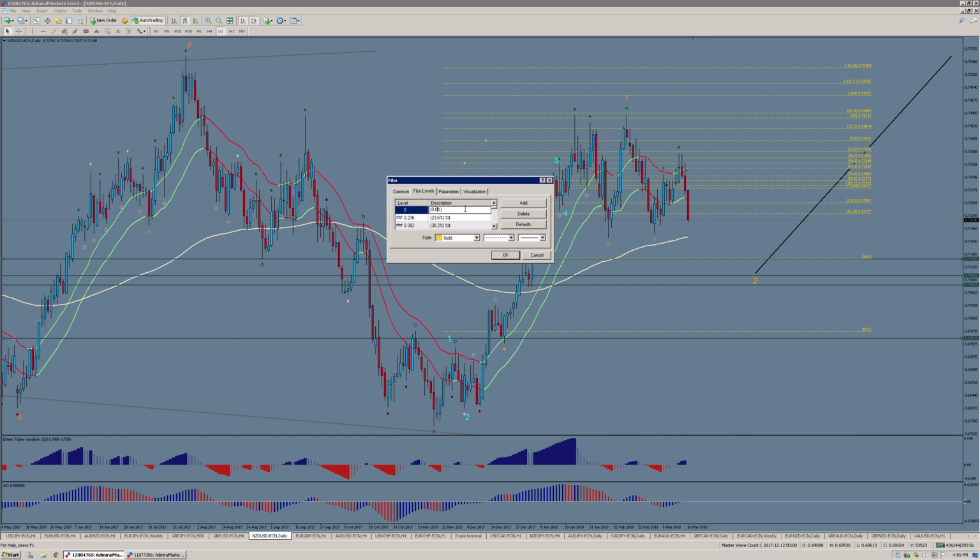In the description column, this is what you will see on your screen. And in the level column, this is the actual value that the program will use to calculate where to draw the lines. You will have some presets, like the 38.2 and 50 and so on, and I'll show you how to add them, and also how to add these price levels.